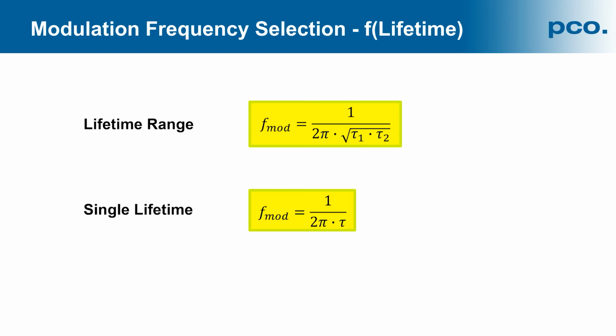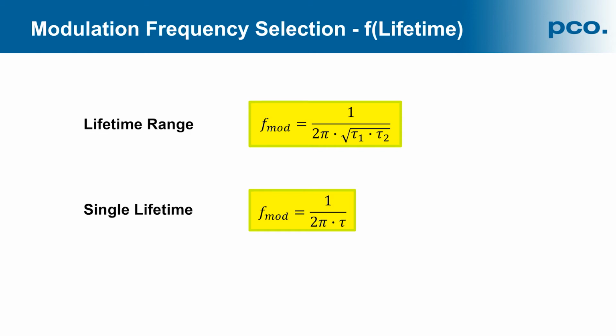But this is just the suggestion for the optimal modulation frequency. Even if the modulation frequency that can be adjusted by the camera is a little bit lower than that, still you can successfully and precisely measure lifetimes.